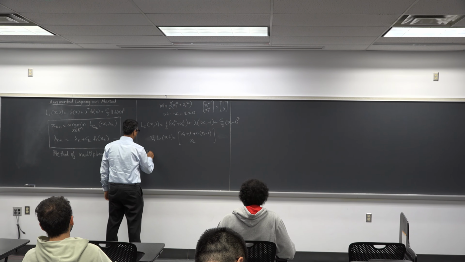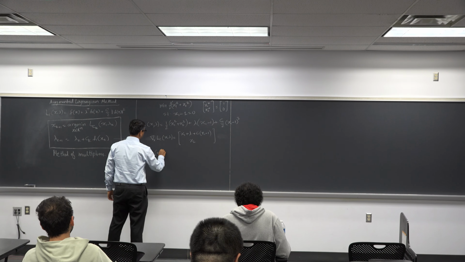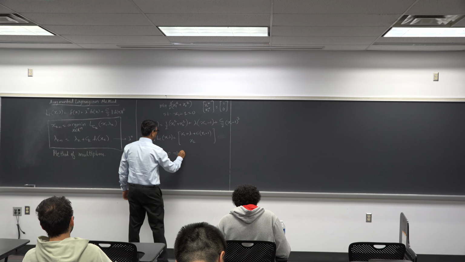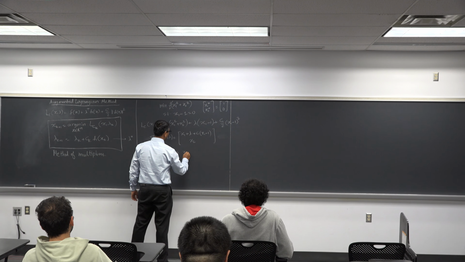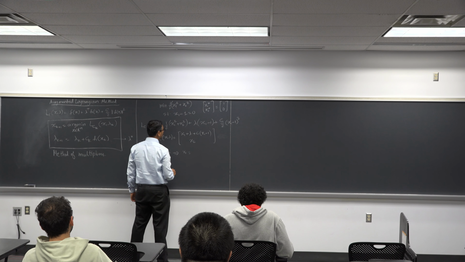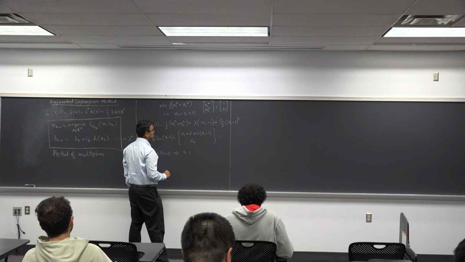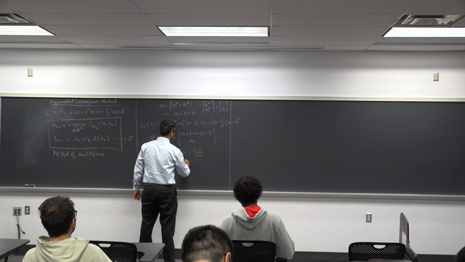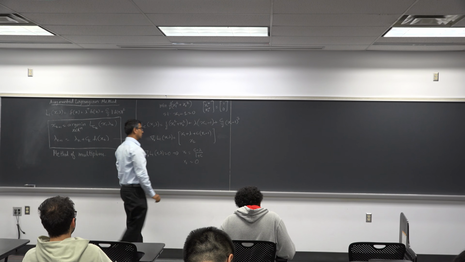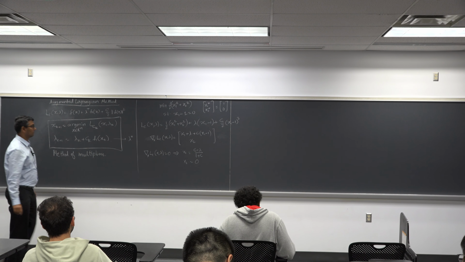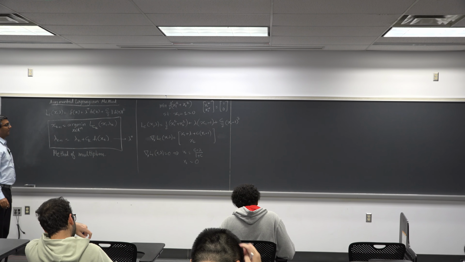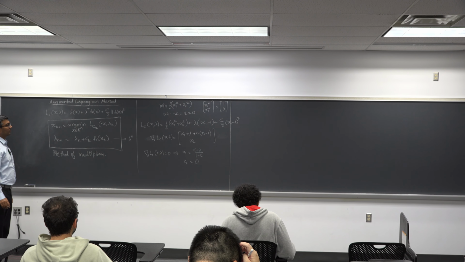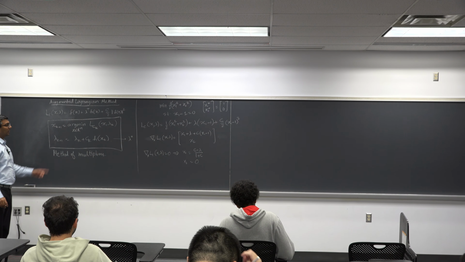So the gradient with respect to x of L_c(x, lambda) equals 0 implies x1 is equal to (c minus lambda) over (1 plus c), and x2 equals 0. Did I do it correctly?